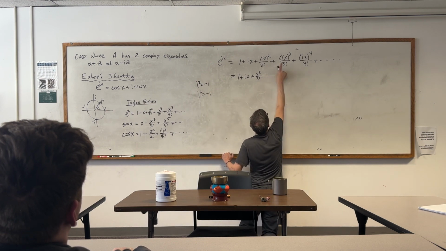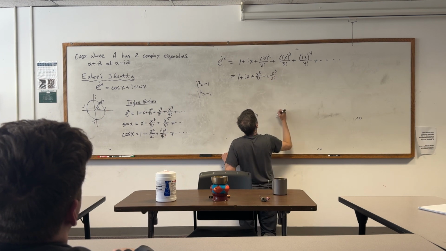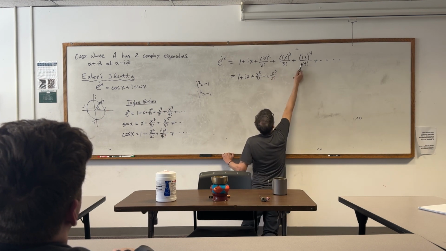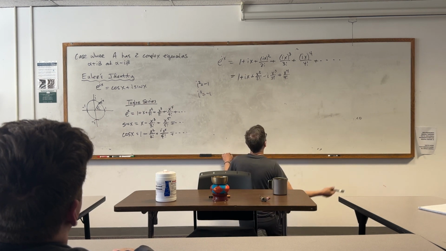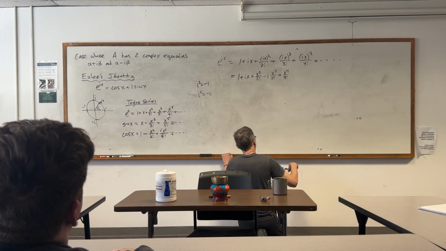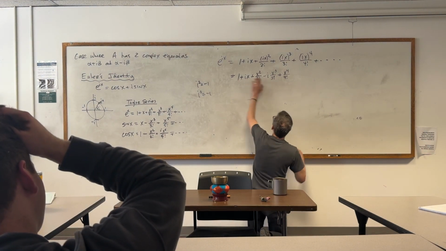So this becomes minus i x cubed over 3 factorial. This is i to the 4th. I to the 4th is 1. And now I'm just going to have i to the 5th, which is i, and i to the 6th, which is -1. And this pattern repeats from here.